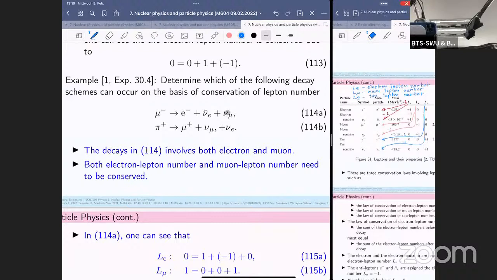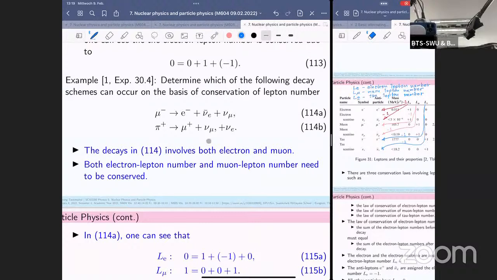And the muon neutrino is right here. It has +1 muon lepton number, so +1 right here. You could see that 0 plus 0 plus 1 will remain 1, right? And 1 will be equal to 1. So this equation is valid in terms of muon lepton number.